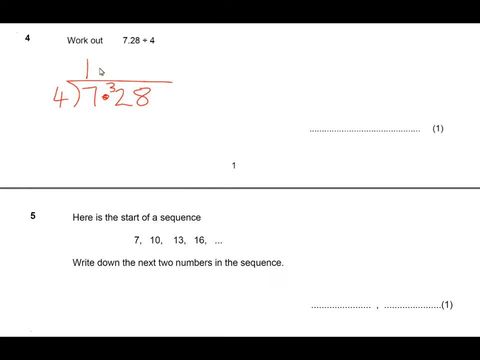Don't forget to put in your decimal point. And then 4 goes into 32 8 times, and 4 goes into 8 twice. So your answer is 1.82.